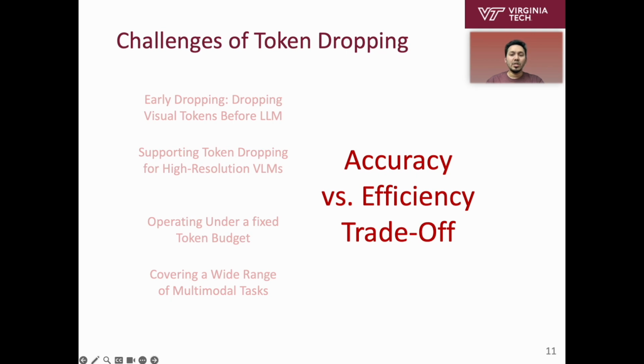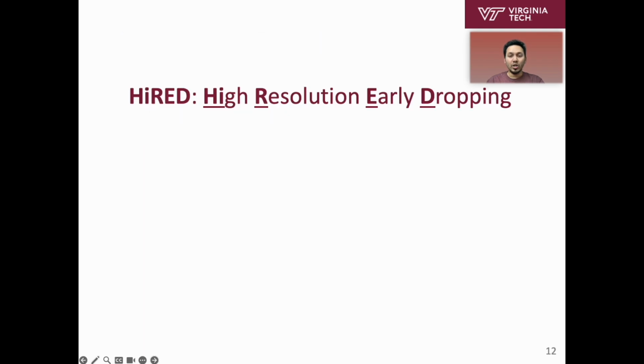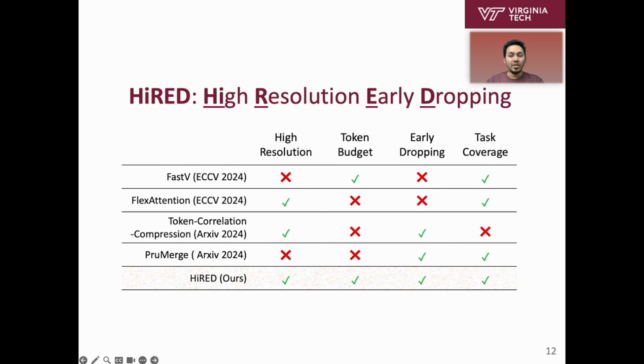While dropping more tokens can improve efficiency, without an intelligent token dropping method, it can significantly harm the model's accuracy. In this work, we address these challenges with our method called High Resolution Early Dropping, or HiRED in short. Compared to previous works, HiRED is the first to provide a comprehensive solution to tackle all four challenges we mentioned earlier.